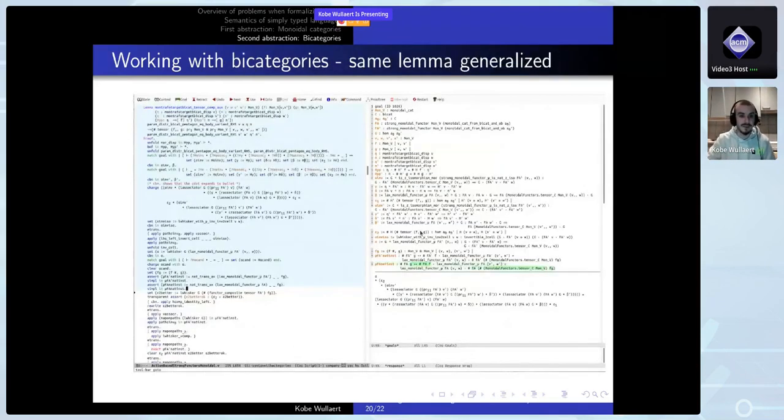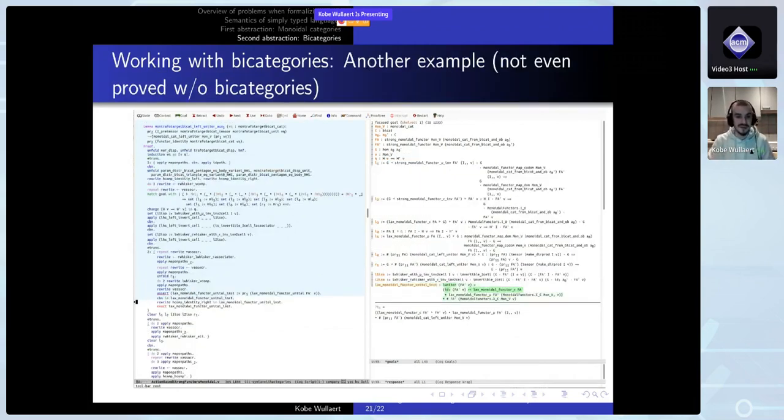On the other hand, if we use bicategories, this is the same lemma that I showed before, but in the more abstract setting, we can see that we actually used CBN and simplification, and the goals stay very reasonable and readable.